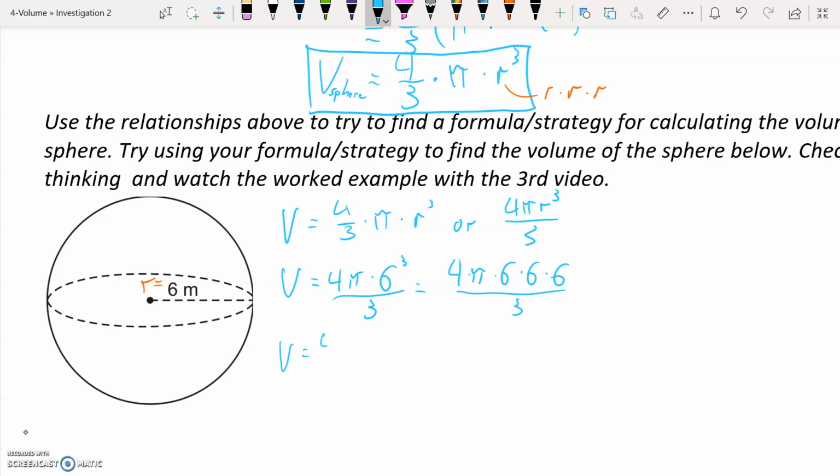So that is 4 times pi, and then 6 times 6 times 6 is 216 divided by 3, and so on and so forth. I'm just getting out my calculator.